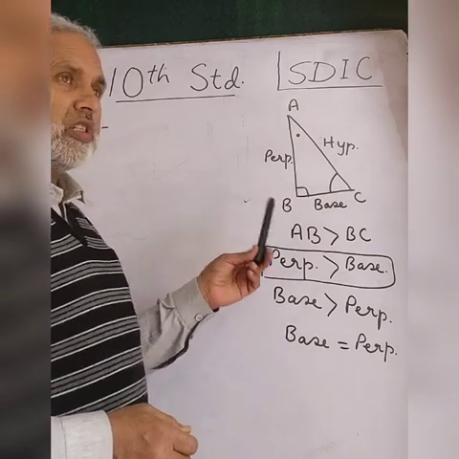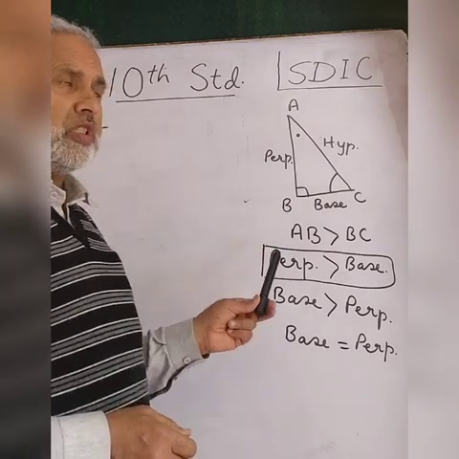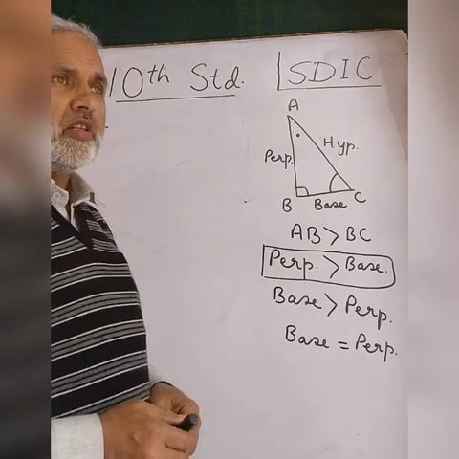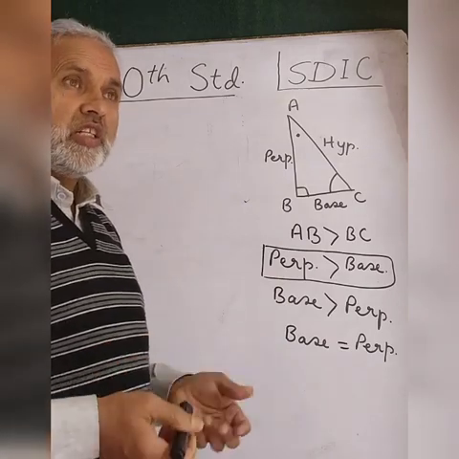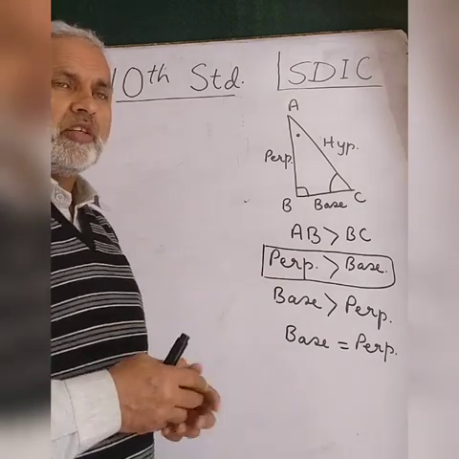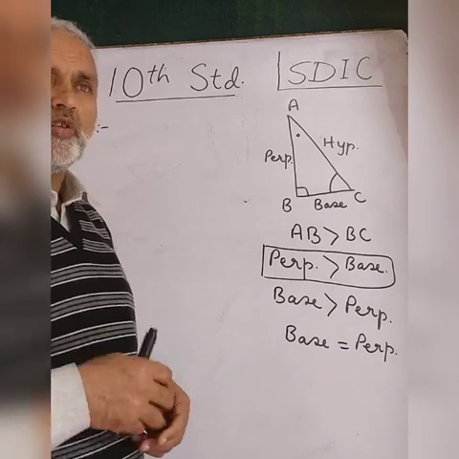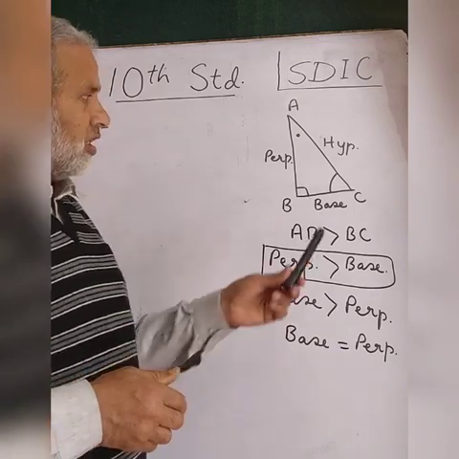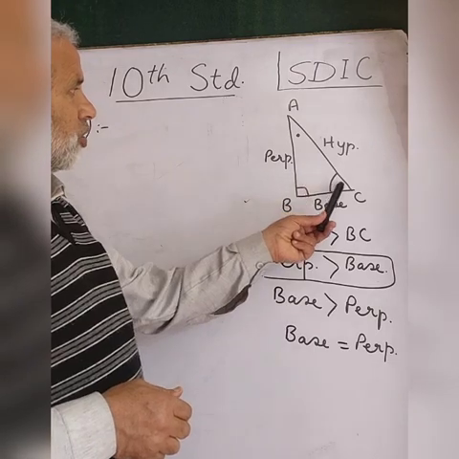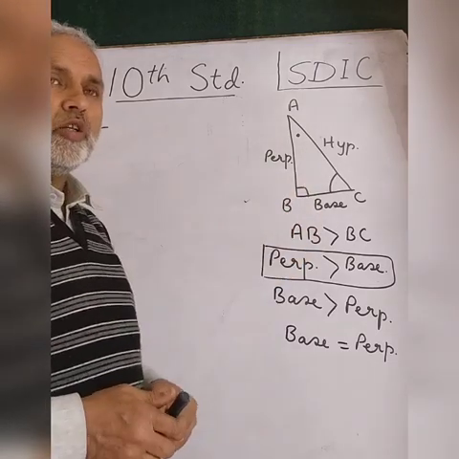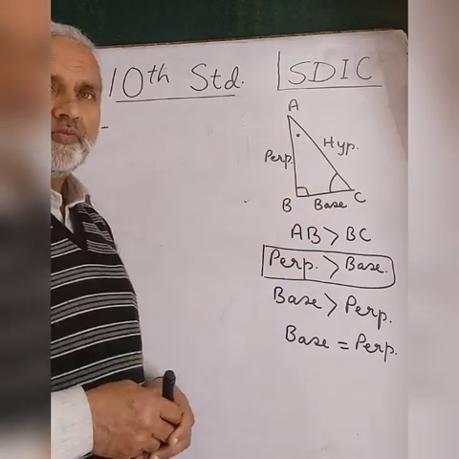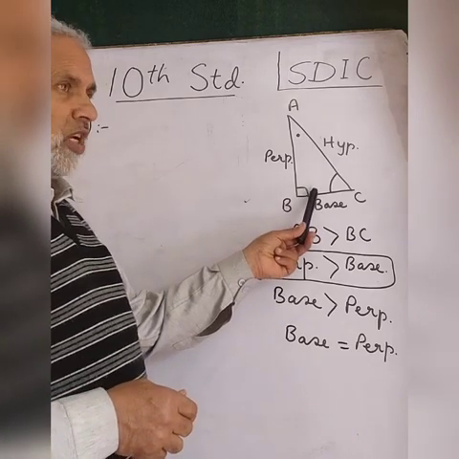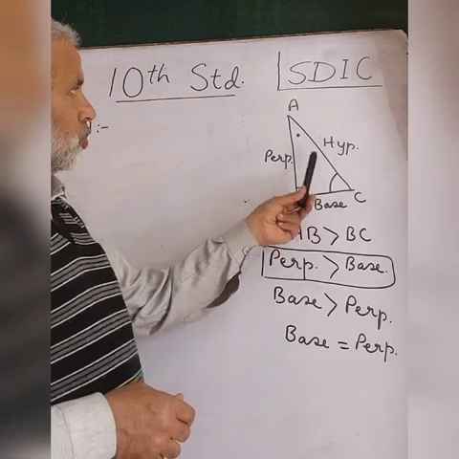You can use the result you have read in class 9, proved in class 9. Equal sides of a triangle have equal angles opposite to them, or the converse of that. Equal angles of a triangle have equal sides opposite to them. Now it is not necessary that in the right triangle the two acute angles will always be unequal. Those can be equal also. The diagram that we have presently on the board has two unequal acute angles.